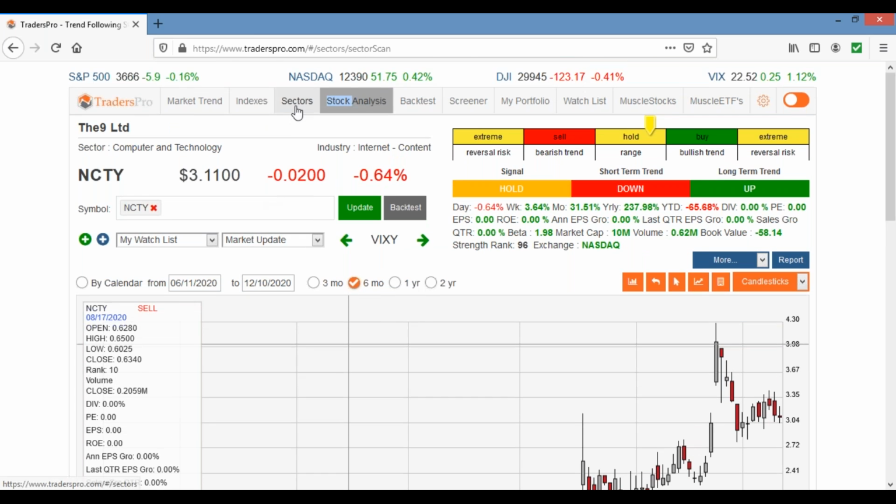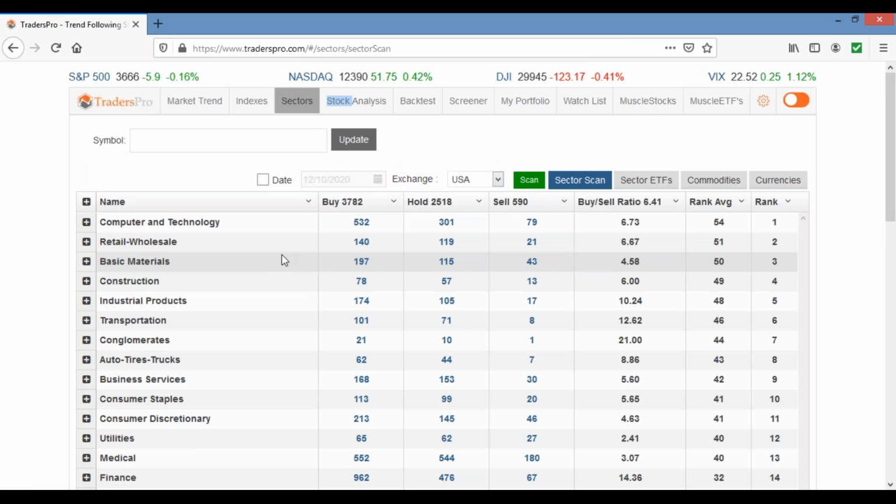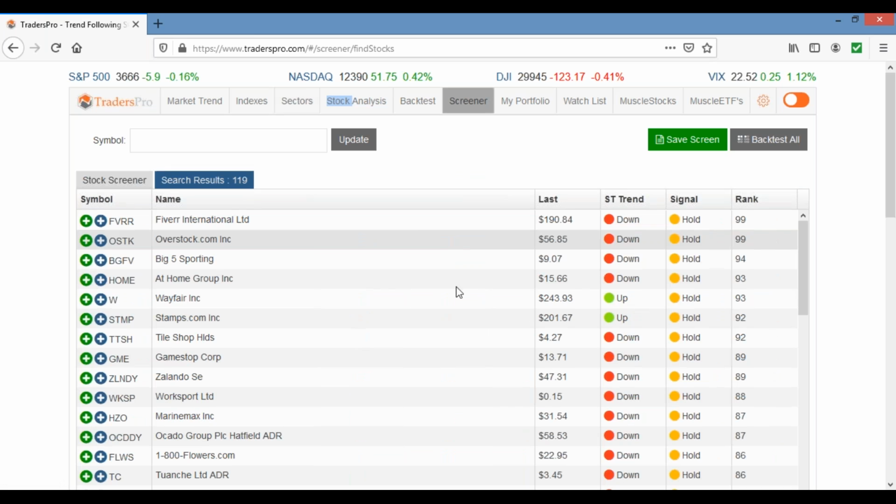All right, so let's go into the sectors here and go to retail. Again, one I've talked about a number of times that I like. It's only a 94 strength rank, but I like the pattern on Big 5, BGFV.